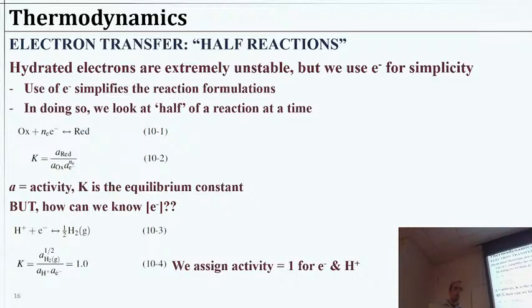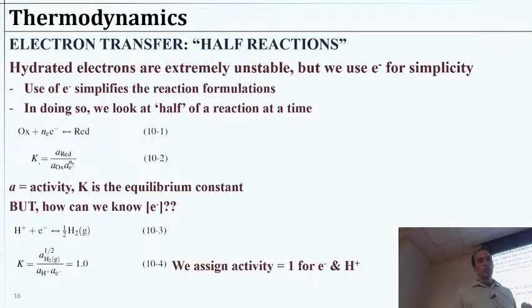And so usually what we're aiming for is to describe the activity of electrons, even though we're not treating them as floating around in solution. It's like, how much potential is there for activity of electrons to be transferred? So, mentioned this already, but we don't actually treat electrons as if they exist in solution, but in half reactions it's convenient, and we'll simplify it in doing so.